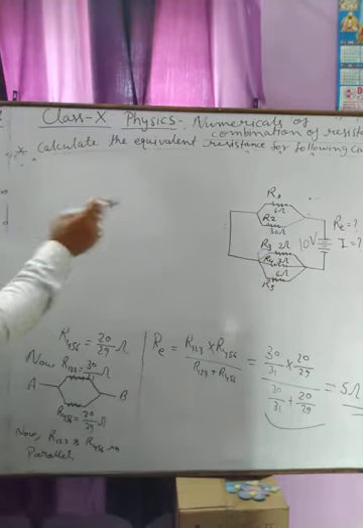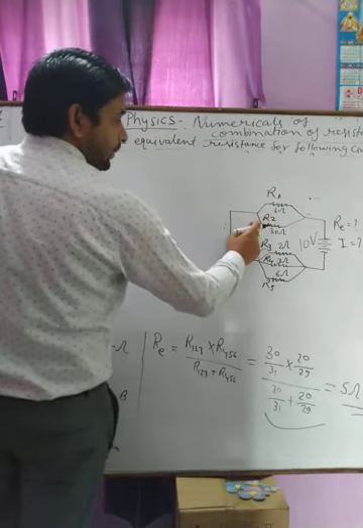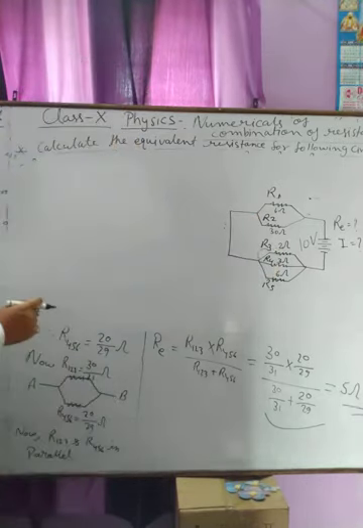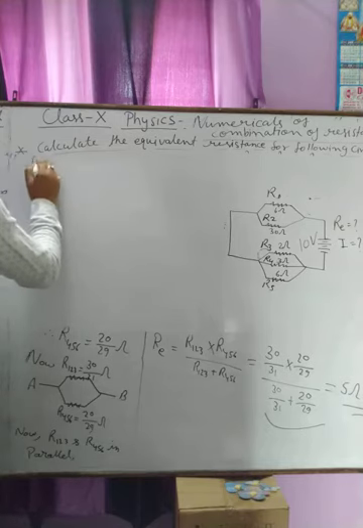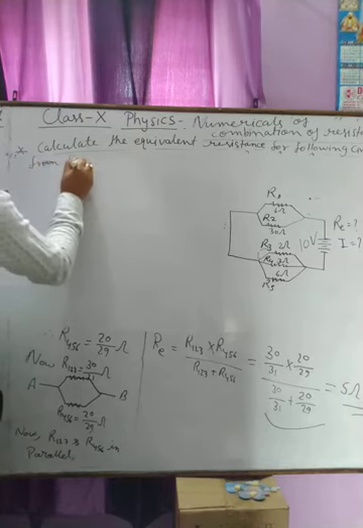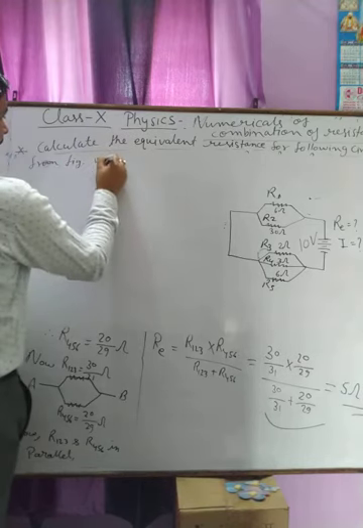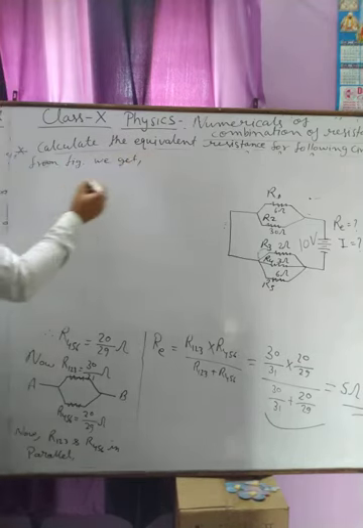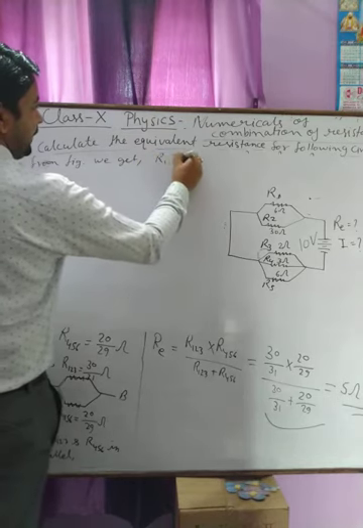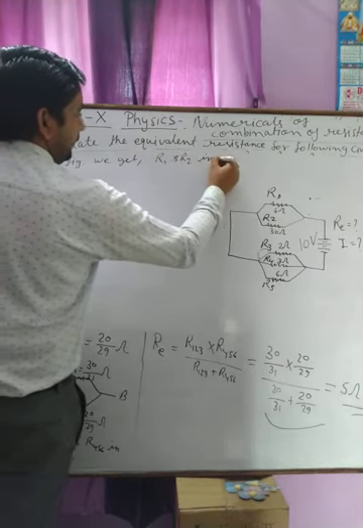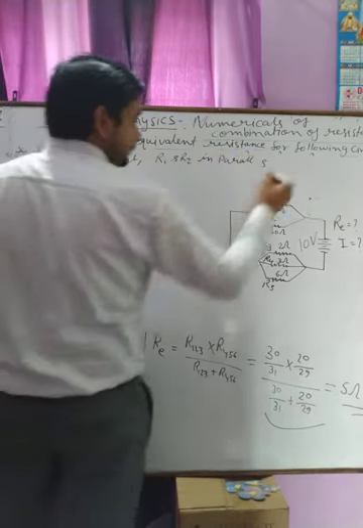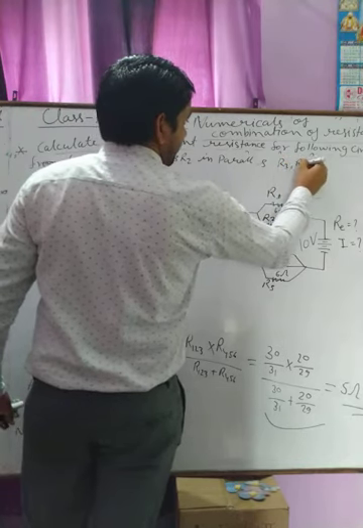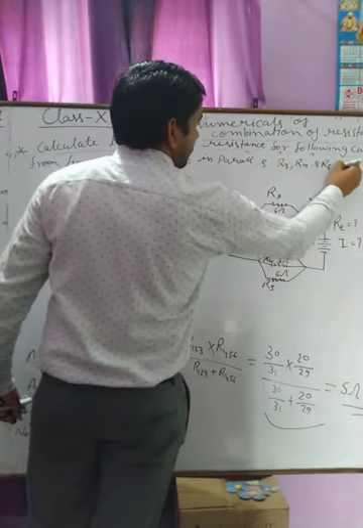Now from the figure, R12 in parallel and R345 in parallel. So from the figure we get R1 and R2 in parallel and R3, 4 and 5 also parallel.